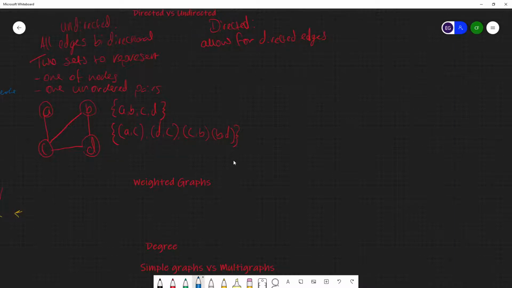We can still use two sets, and we can still use one of nodes. And now in our second set, order matters. So it would be ordered pairs between nodes.